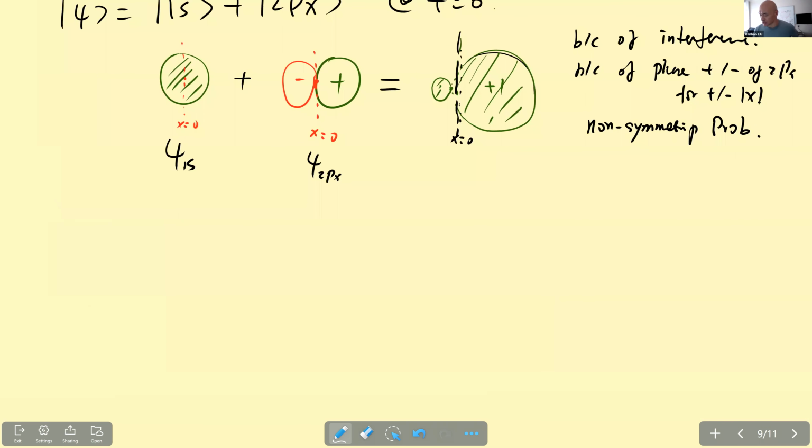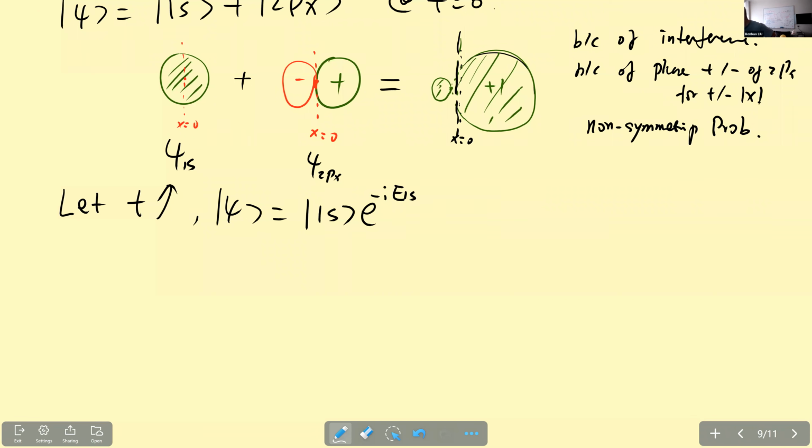Now let's let t increase, and then psi will equal 1s e to the minus i E1s t over h bar, plus 2px, that will be e to the minus i E2 t over h bar. But this is just E1, okay?